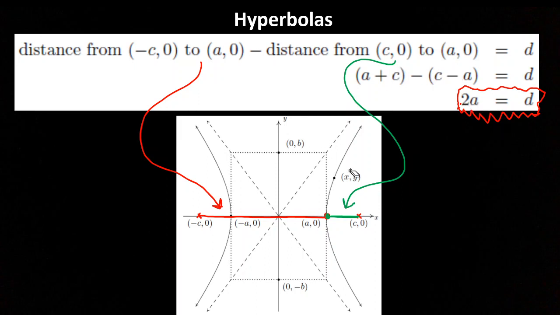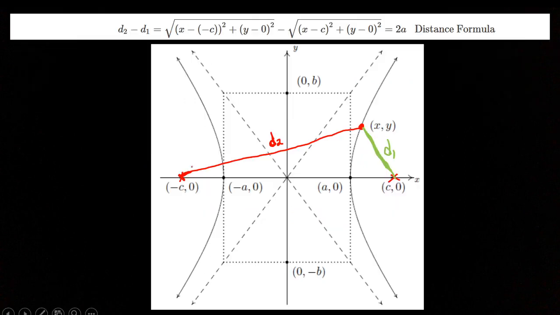So we're looking for points in the plane such that if you connect them to the two foci, the absolute value of difference between the two distances is always 2A. Where are those points? Here and here. So now that we know the constant, we pick any point on the hyperbola, which is x,y, and do exactly the same thing.